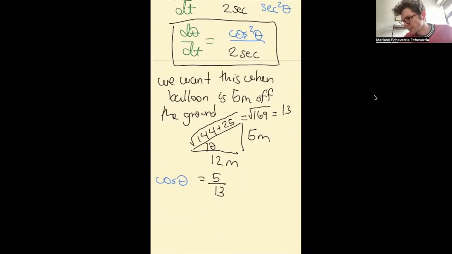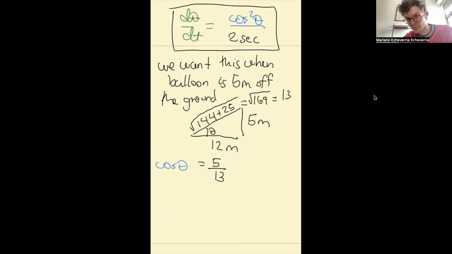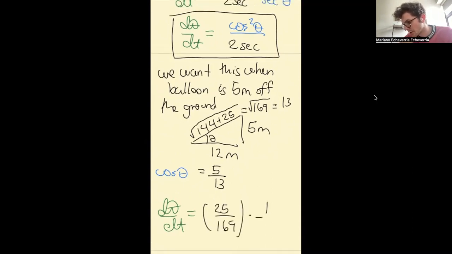So d theta dt would be cosine squared, which is 25 over 169, times 1/2 seconds. Well, I would give you better numbers on the exam, I mean smaller numbers.